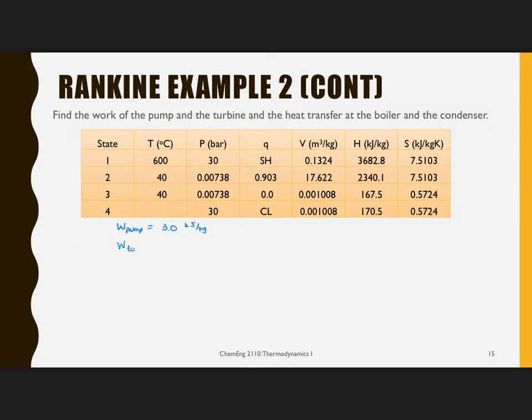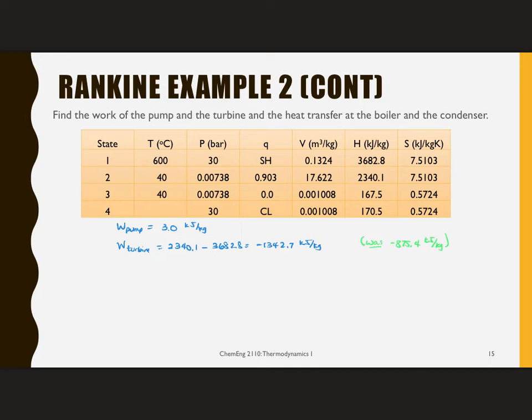My work for my turbine is 2340.1 minus 3682.8, so negative 1342.7 kilojoules per kilogram. And just for the sake of reference, this was negative 875.4 kilojoules per kilogram.